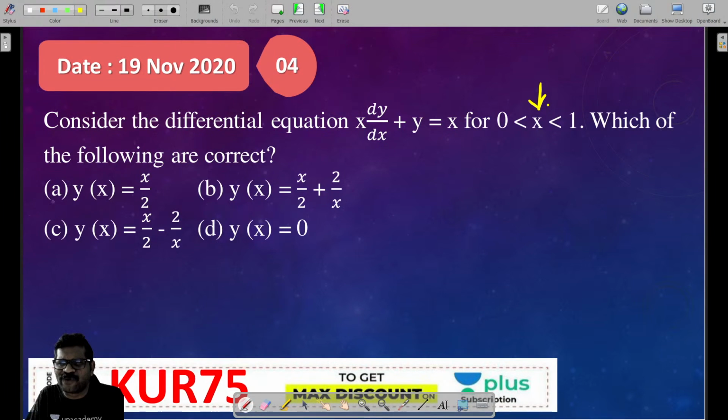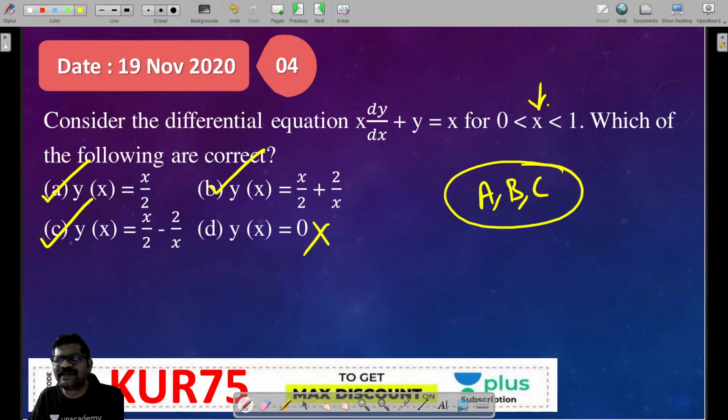We found that when c is 0, first option, when c is 2, second option, when c is minus 2, we got third option. Fourth option is not possible, so D is incorrect. So A, B, C are possible solutions for different values of c in this problem. That's why the first three options are found correct.